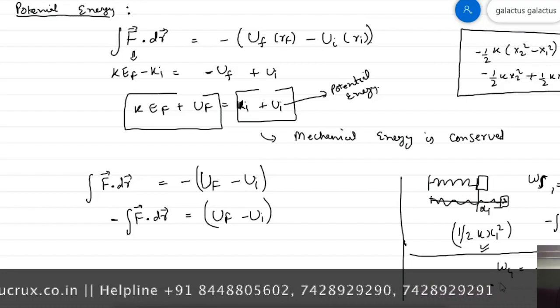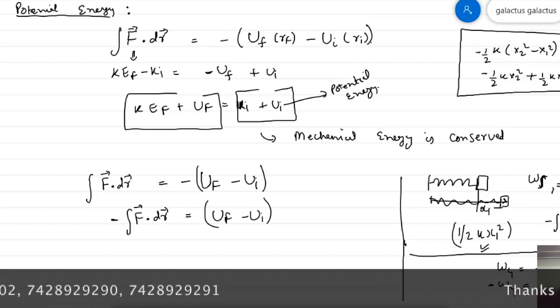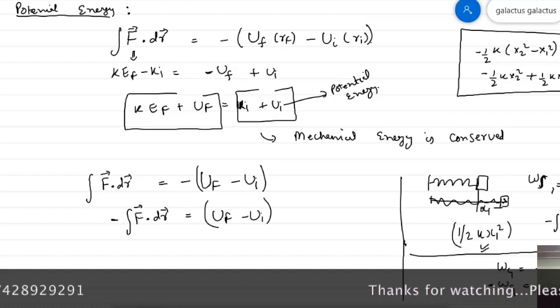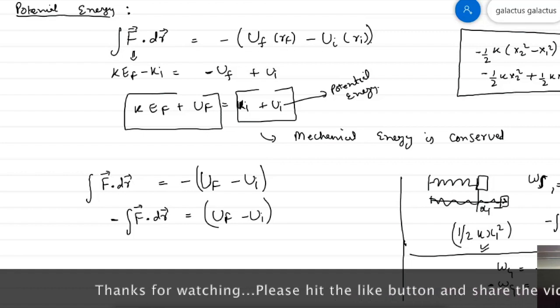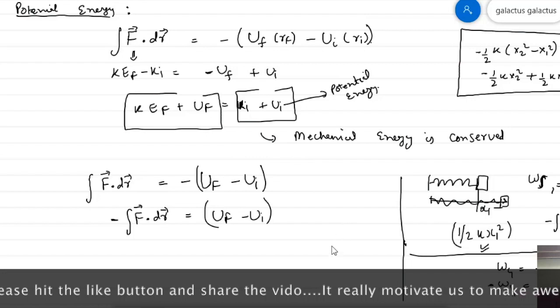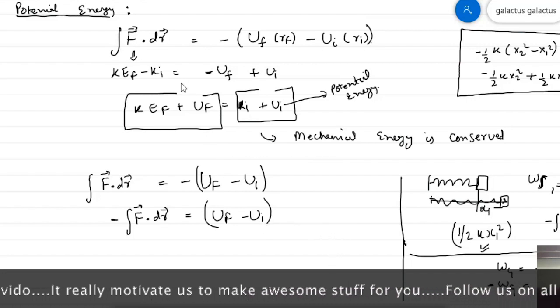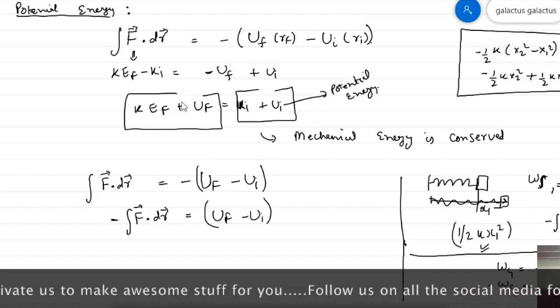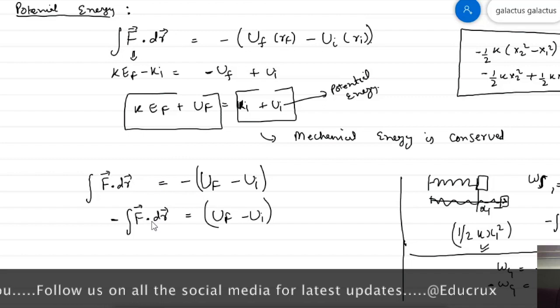So the negative of W g is now the potential energy of the system. When I raise a ball to a height y, the energy that is stored in the ball is mgy. So mgy is the potential energy of the system. So potential energy is the energy that is stored in a body due to its configuration or position.